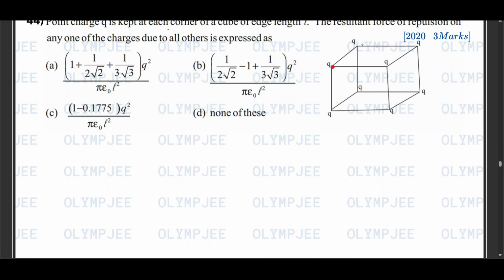There are charges here, here, here, here. So let us analyze the force on any one. So I am analyzing on this charge.